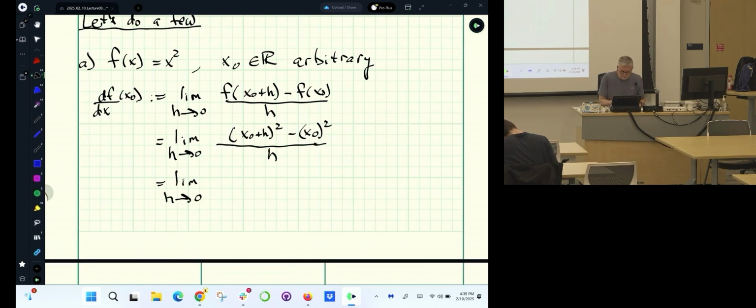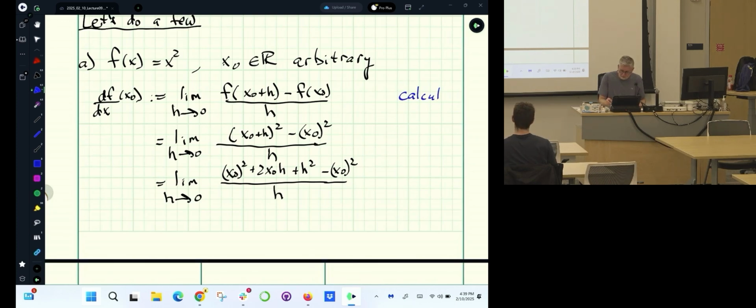Copy our limit down, and then we just expand it out. So x0 squared plus 2x0h plus h squared minus x0 squared all over h. So this is calculus. This is algebra, and this is the typical grind of calculus, more algebra.